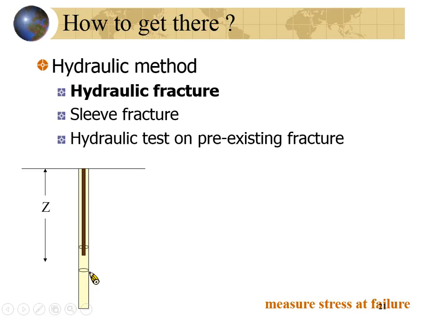Then try to expand them to contact tightly with the borehole. Then you can inject water into this segment. Then the water cannot escape to the upper part or the lower part because you have the expanded packers there. So this will be the hydraulic fracture.